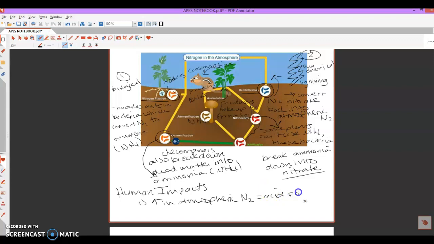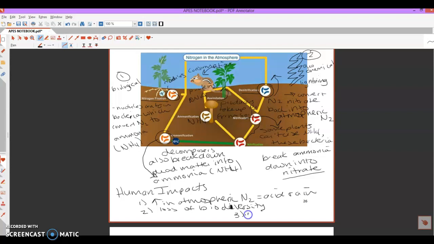We're going to talk about acid rain later on. The second is loss of biodiversity. If plants don't have nitrogen, then they are going to die. Diversity, y'all. Sorry.